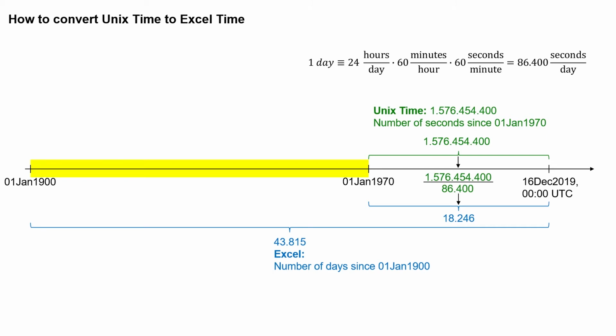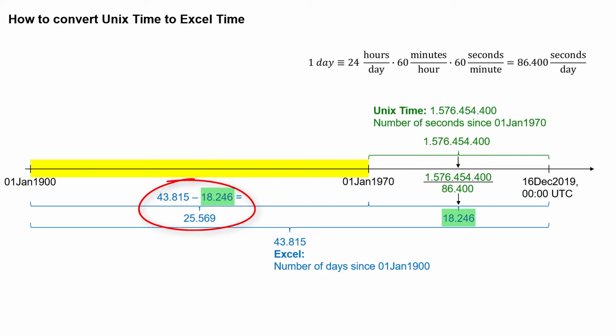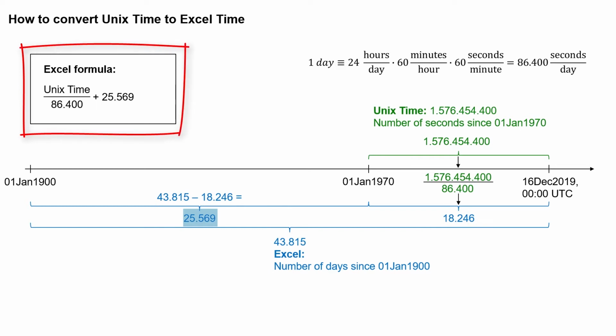By subtracting 18,246 from 43,815, we get 25,569 days. Thus, our final formula is Unix time divided by 86,400 plus 25,569.